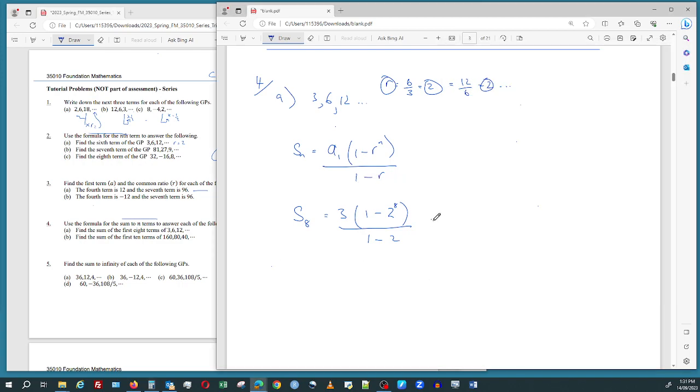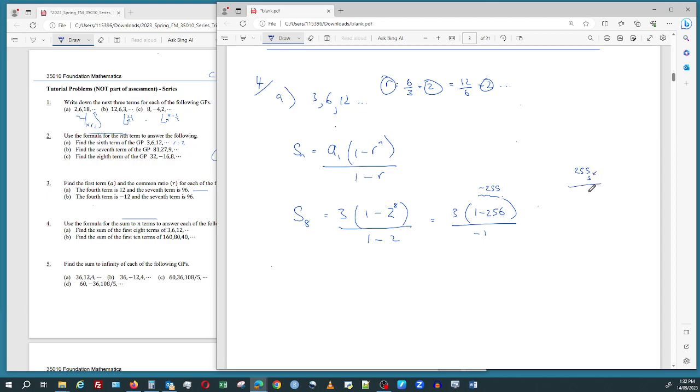So we've got 3 times 1 minus 256 over 1 minus 2, which will be negative 1. Now 1 minus 256 is minus 255. 255 times 3, so I'll just do it by hand.